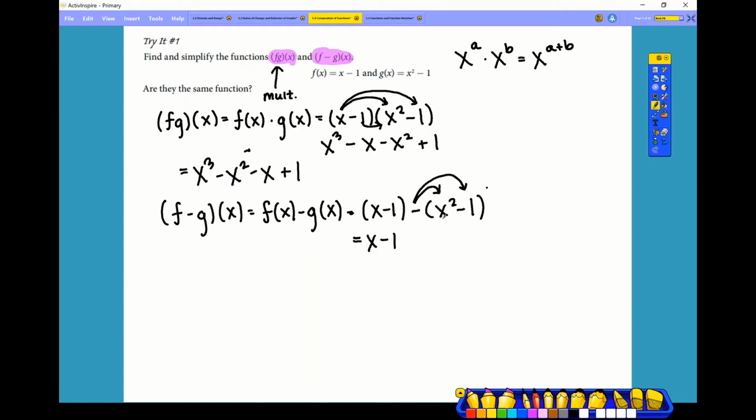This is a positive x squared, so that's minus x squared. This is a negative 1, so that turns into a positive 1. And that gives us negative x squared plus x, and these guys cancel, negative 1 and positive 1. And that would be our answer.